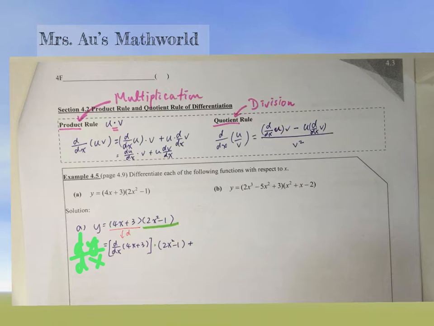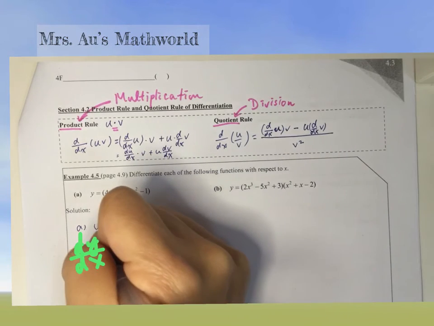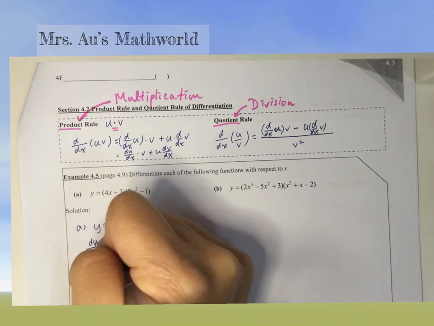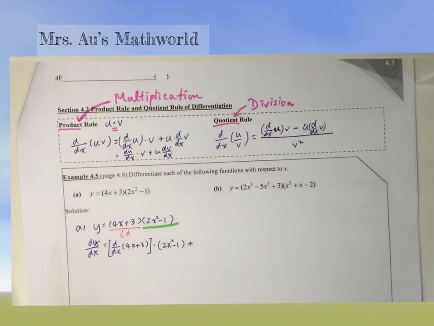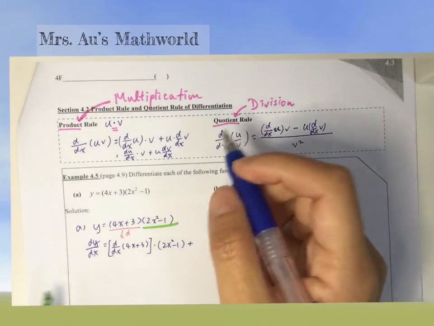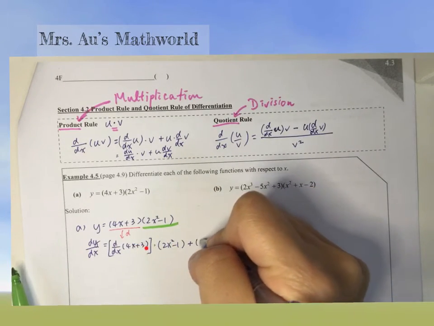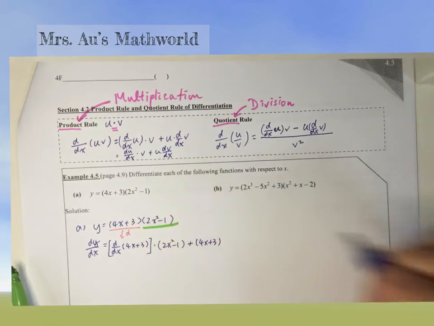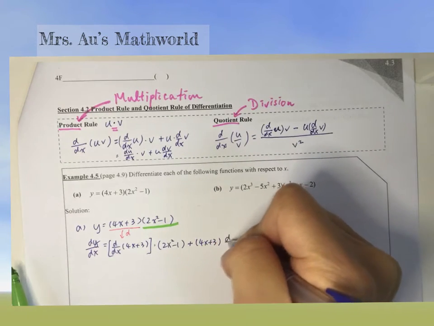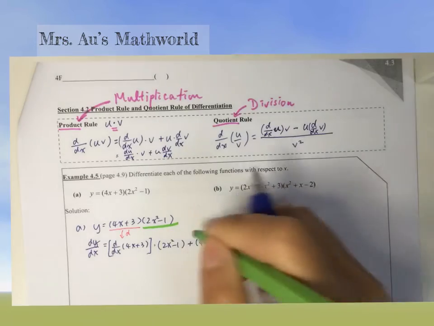Again, after that, we differentiate the second one. Okay, d the first one, keep the second one. The next part, we keep the first one, and then d the second one.